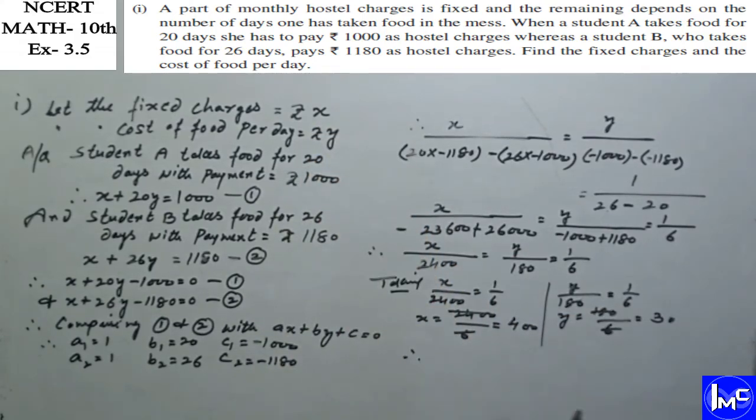Therefore, fixed charges is equal to rupees 400, and cost of food per day is rupees 30.